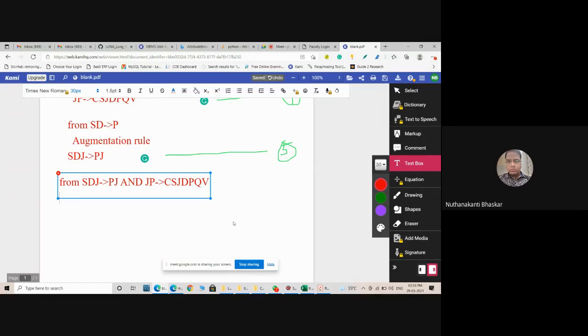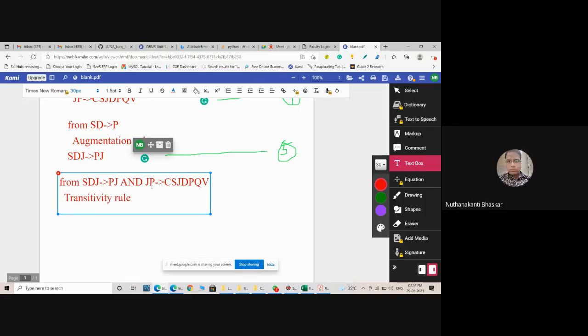So from this, here I am applying the pseudo transitivity rule. Sorry, SDJ determines PJ, JP determines, no, it is only transitivity, right? Not pseudo. Yes or no? Yes, sir. Transitivity.